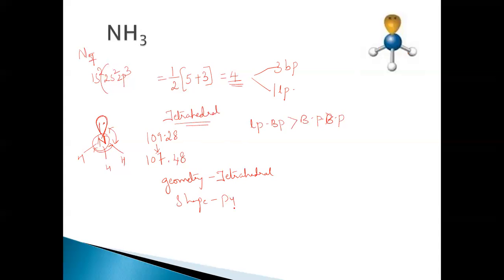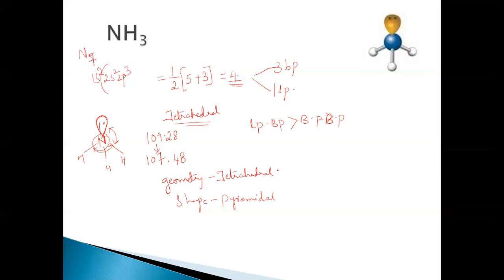So what is the shape of this ammonia now? It is pyramidal because of the repulsions between the lone pair and bond pairs. When you observe, this theory is based purely on the repulsions between the valence electrons, hence the name valence shell electron pair repulsion theory.